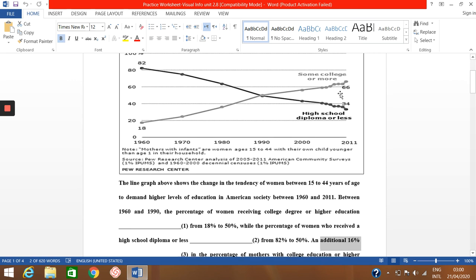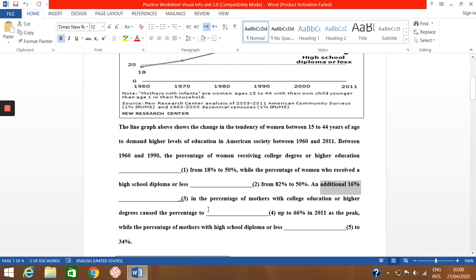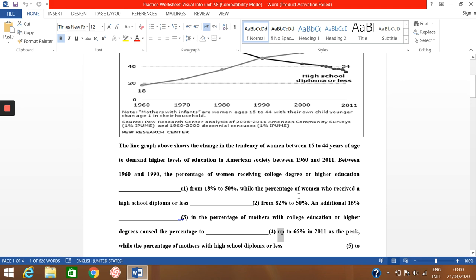You see, up to 66 here. In the percentage of mothers with college education or higher degrees, cause the percentage to dash up to 66% in the year 2011. Now, the part up here can be used as a clue, because since we talk about a rate moving from 16% to this percent here, that means we are still describing an upward trend.